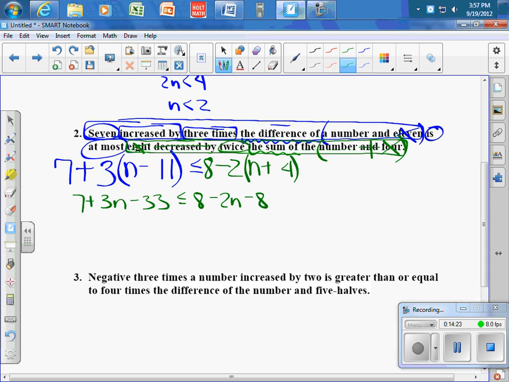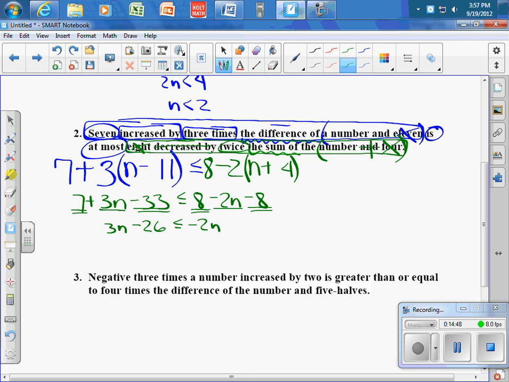What do we have on the left side? Well, I have 3n. Write it down. I also have 7 minus 33, negative 26. Is less than or equal to? Well, we have a negative 2n. We have 8 minus 8 is 0, so we'll just write negative 2n.